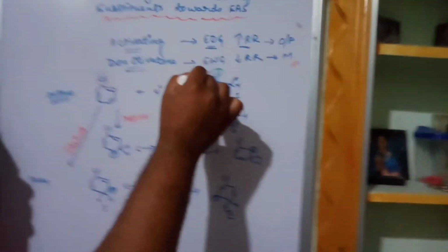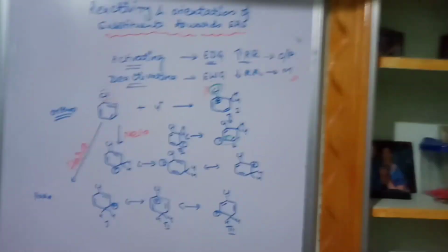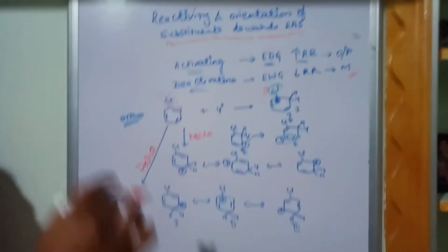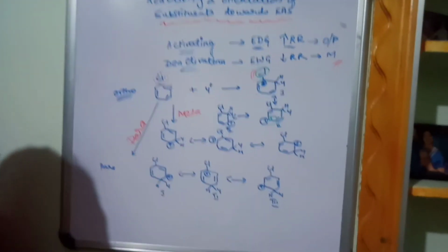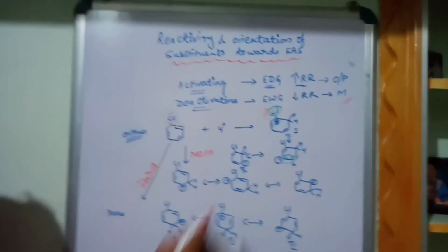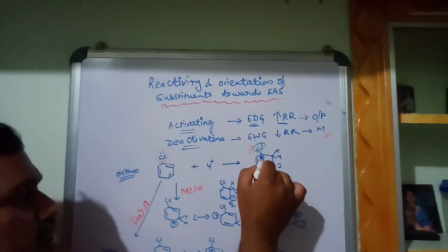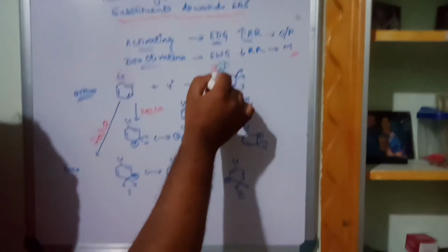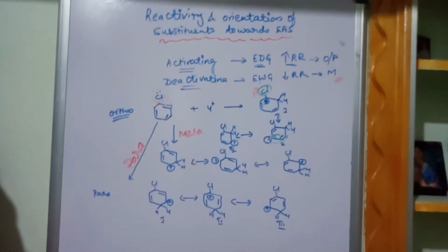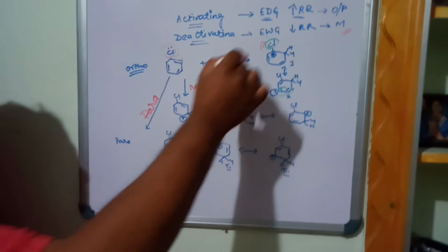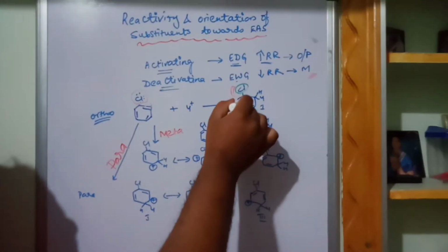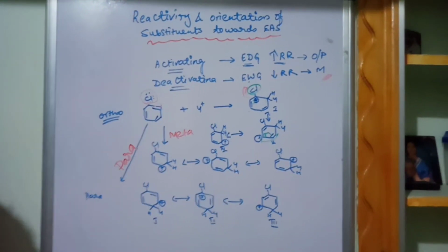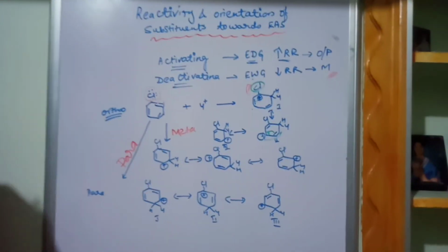The positive charge will remain the same, which means it will be localized. What is the meaning of localization? It will not disperse. Why will it not disperse? Because the carbon holding positive charge is already electron deficient. Again this chlorine will withdraw the electrons, and the positive charge will be localized. It becomes more and more electron deficient.